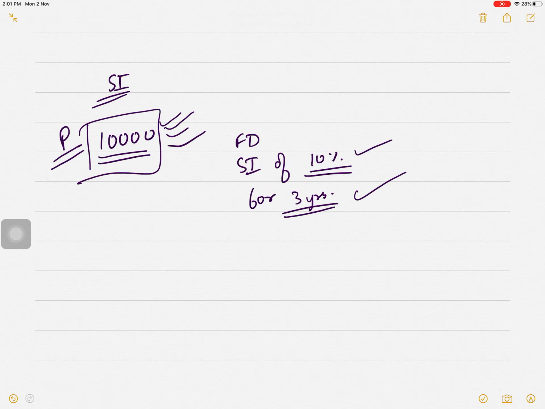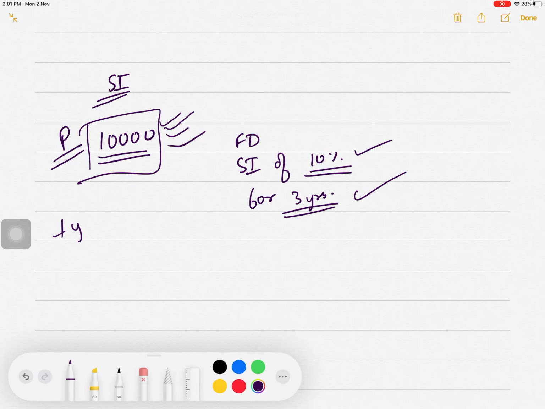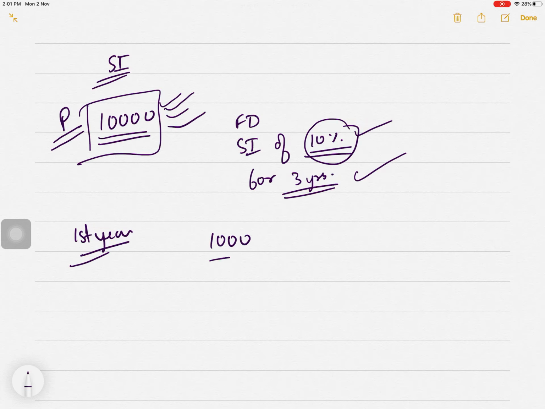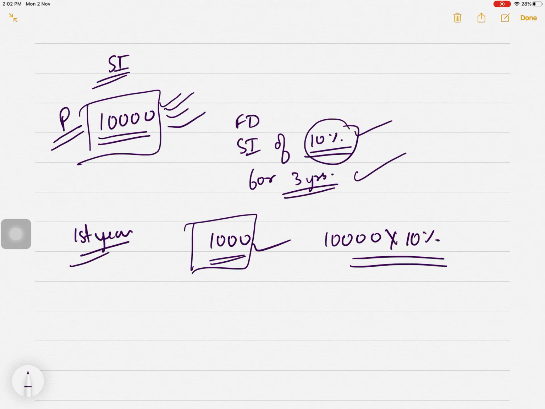For example, the first year I'll get 10% interest. So 10,000 into 10% comes to 1,000, correct? So interest on the first year is 1,000.